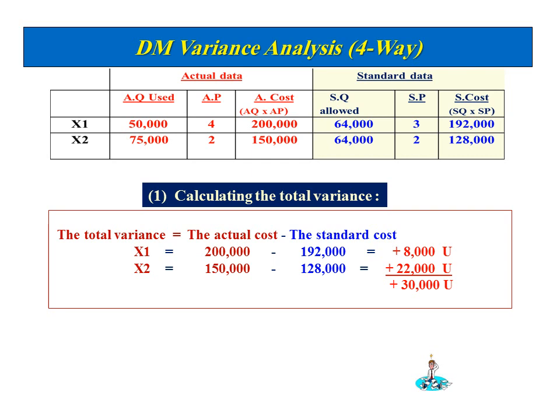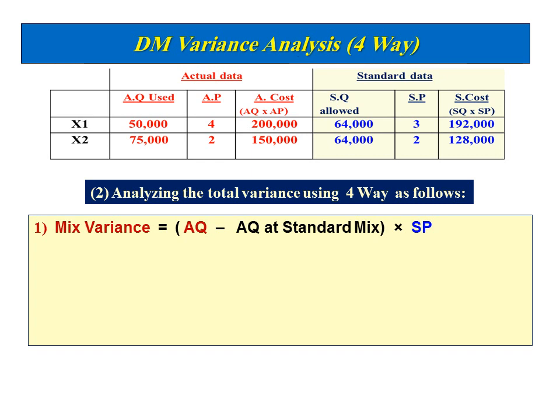I ask myself, we will use our table to calculate our variances. The first one, don't forget, mixed variance. Mixed variance equals actual quantity minus actual quantity at standard mix, times standard price. Here I have actual quantity and standard price from the table.